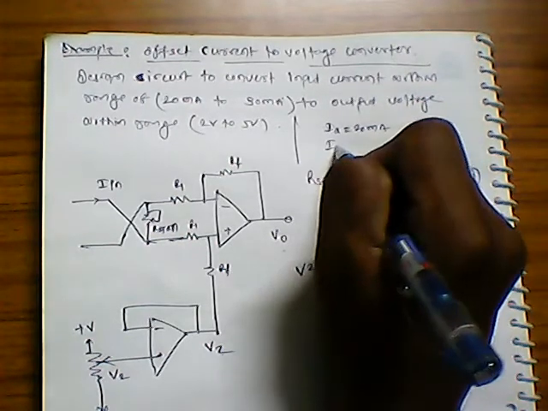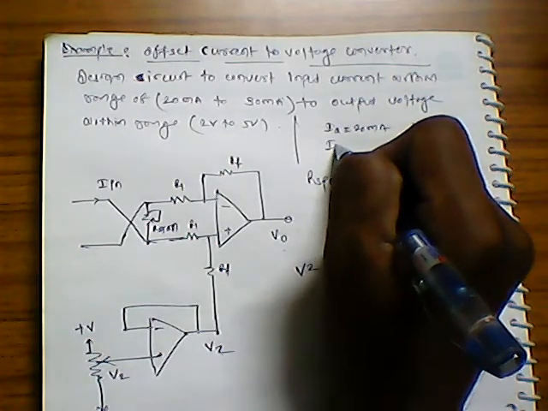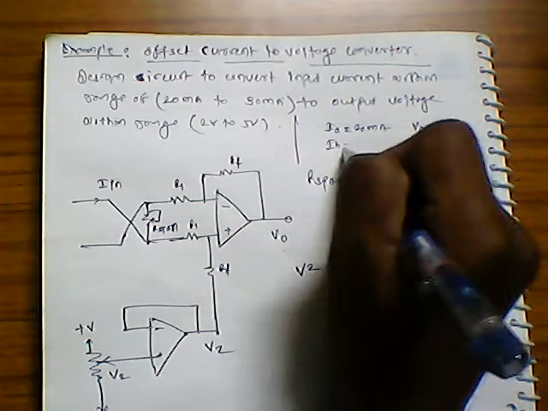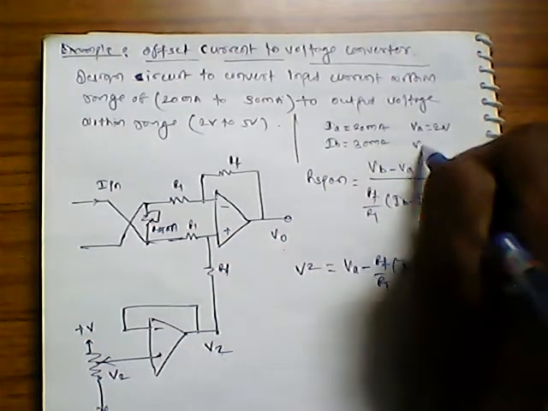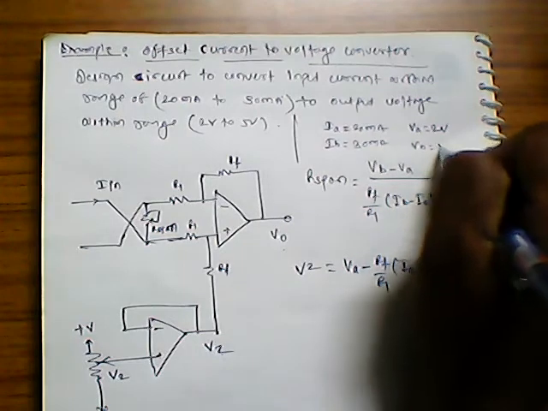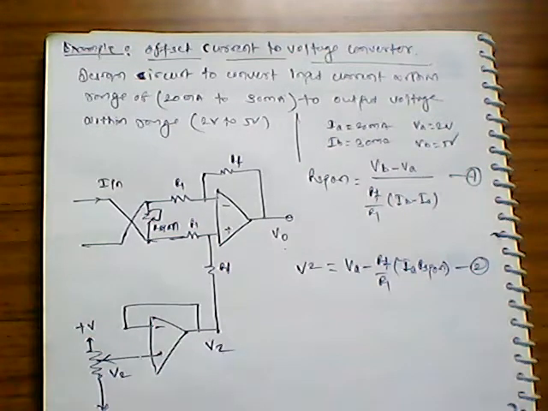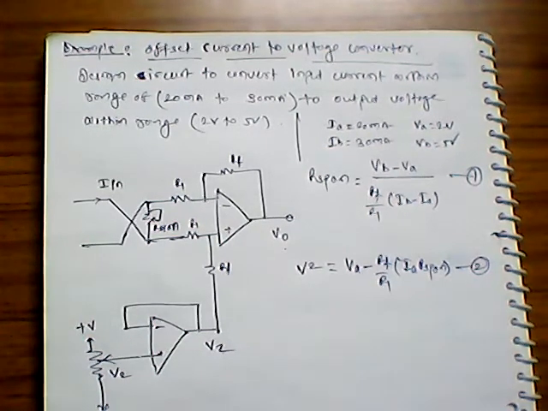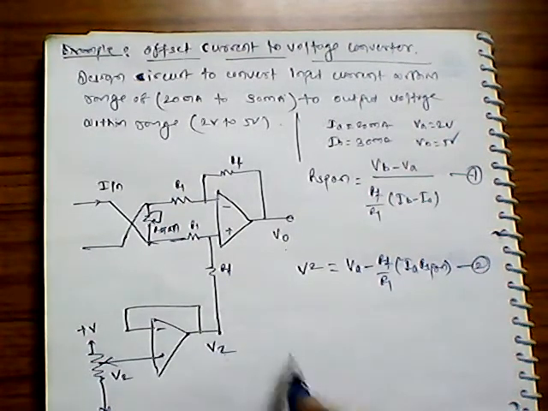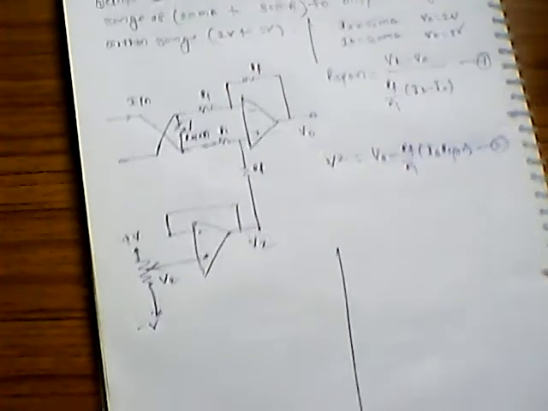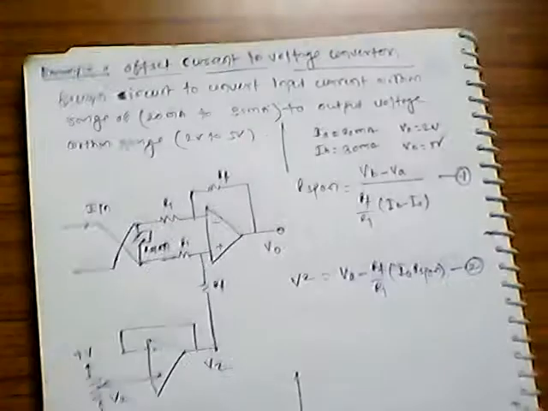Input current higher range is Ib, that is 30 milliamps. Corresponding expected output is Vb, that is 5 volt. So we have to design the circuit for this. So we will start with this, putting in this equation. Let us see how we can do that.